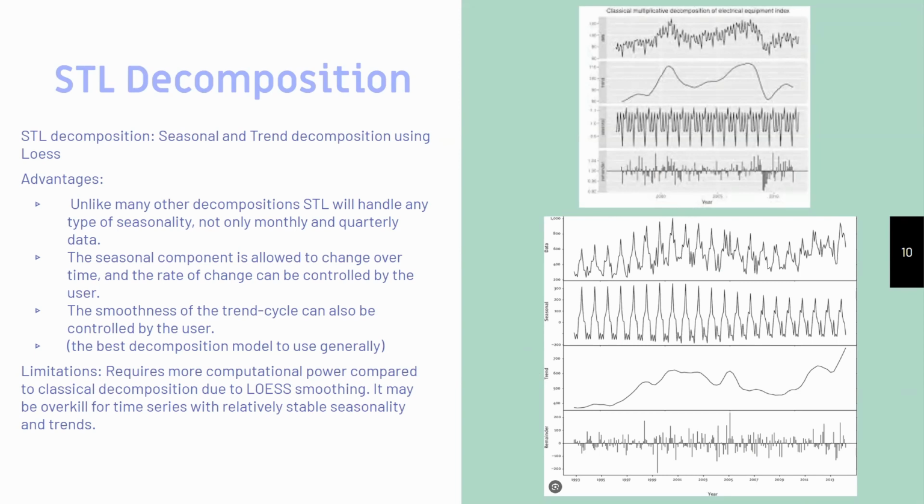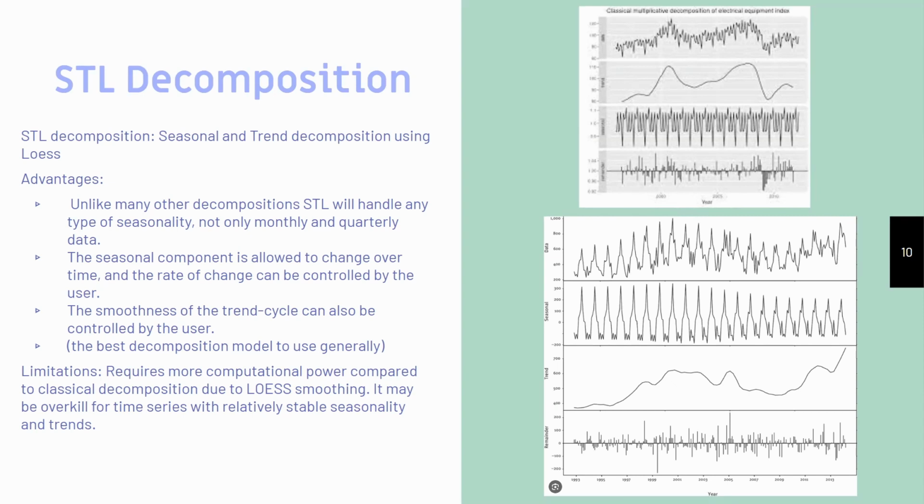So when we have some weird seasonality, like 13 months or 22 and a half days for some reason. And of course, you won't really see that in natural data sets, but in some financial data sets, you might.